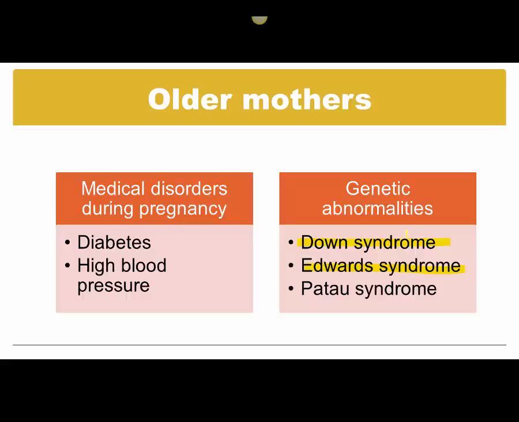Patau syndrome, or trisomy 13, is a genetic disorder in which a person has 3 copies of genetic material from chromosome 13 instead of the usual 2 copies. The extra material also interferes with normal development.